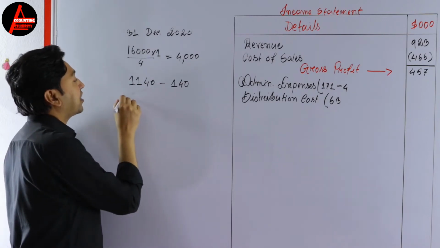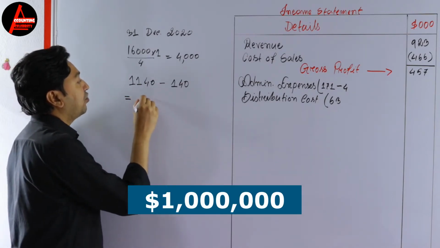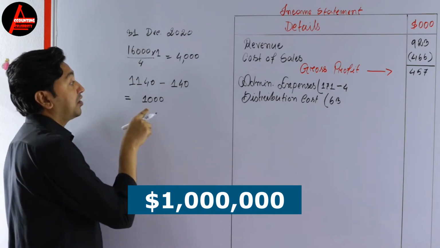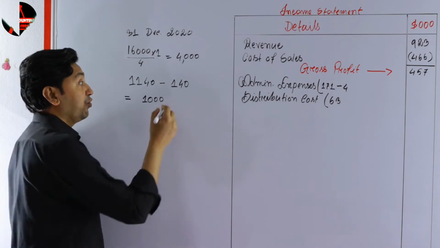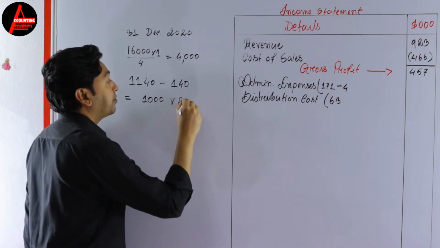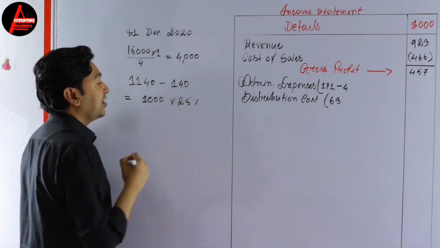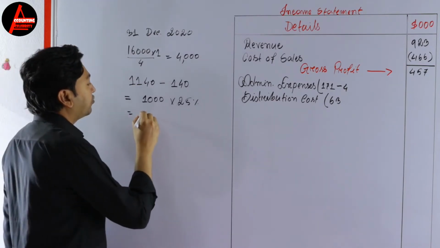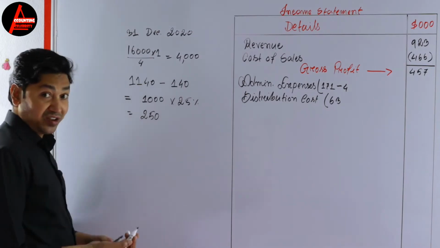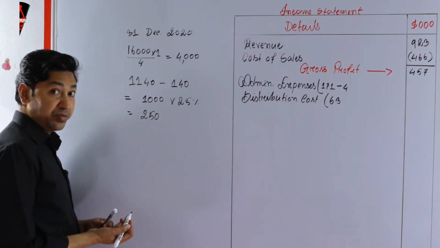Now if we subtract, our net book value is here. On this $1,000,000 net book value, we have to apply the rate of depreciation, which is 25%. If we calculate 25% here, we get $250,000. This is the amount of depreciation.